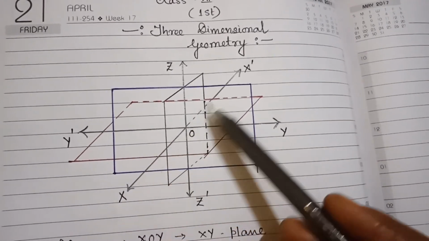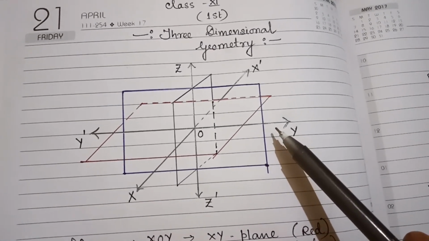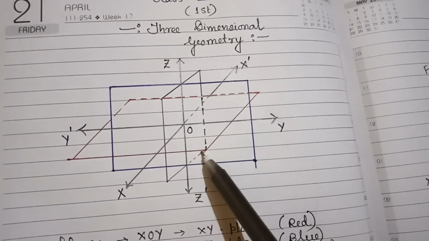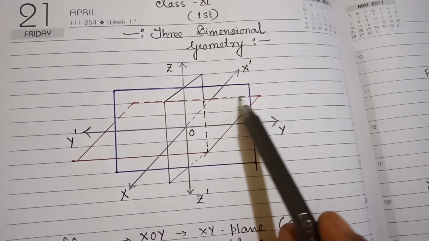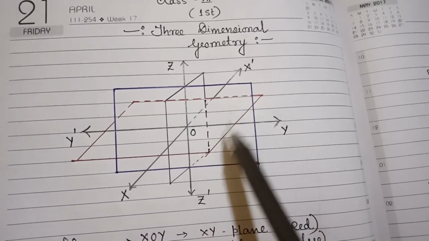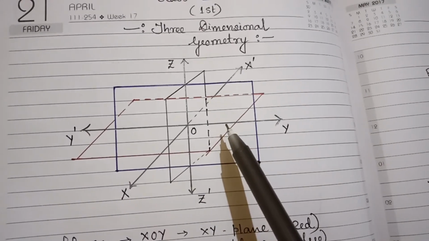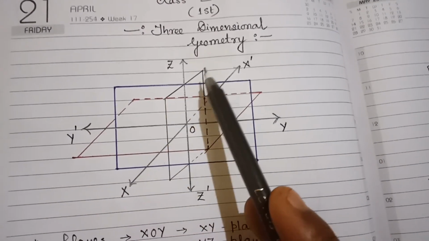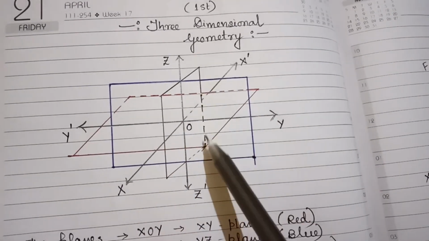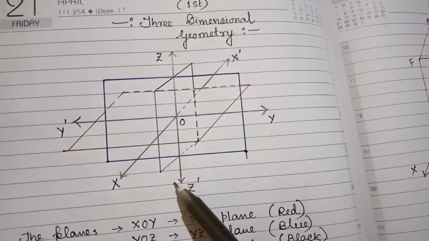Then in space, x and y are two axes, and holding these two is this red colored plane. Then the leftover plane is this black colored one, and it is holding the x and z axes.